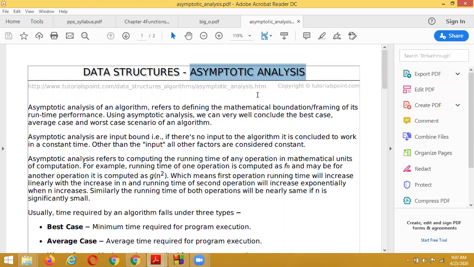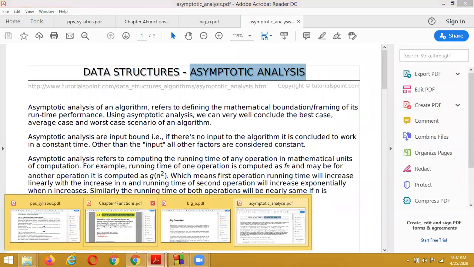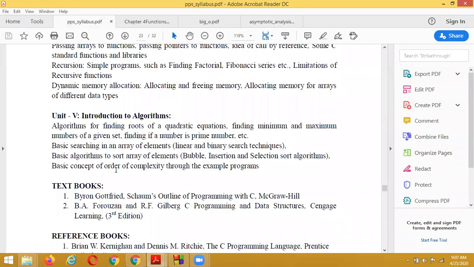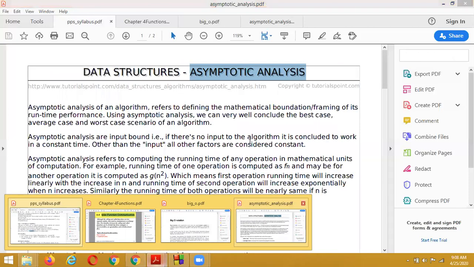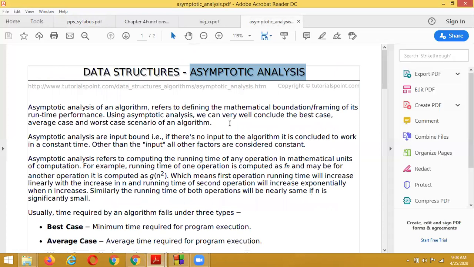To choose an algorithm, we depend on complexity. What are the two types of complexities we have here? Time and space complexities.